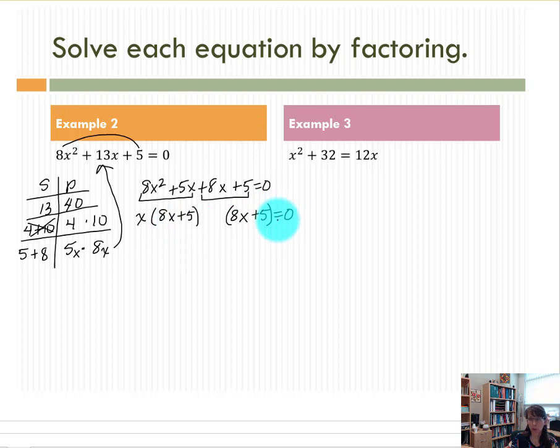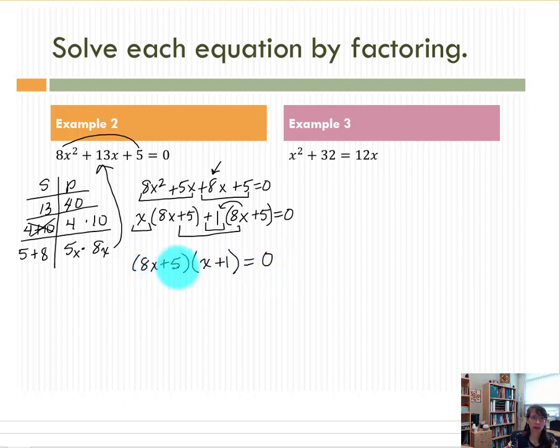Also, I'm continuing to write equals 0 because this is now an equation. What would we need to multiply 8x by to match this first term of 8x? Since they match exactly, positive 1 is needed. So our common factor becomes 8x plus 5, and the other factor joins x and positive 1, x plus 1.